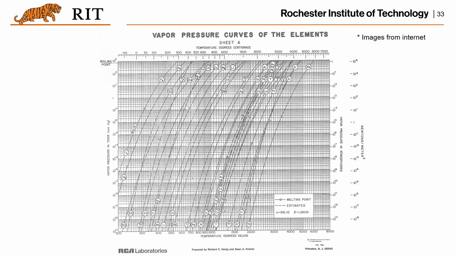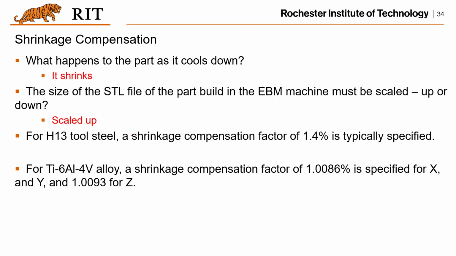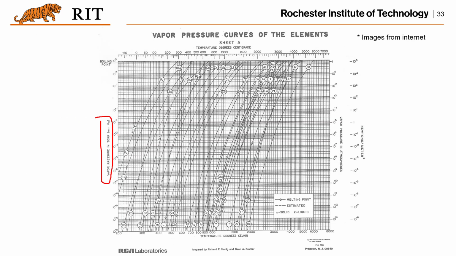So we need to look at these curves. Here gives you the vapor pressure in the unit torr. We need to look at this line, which is the given pressure, and also the melting temperature is something like this. Then we look at the curves of zinc and magnesium.